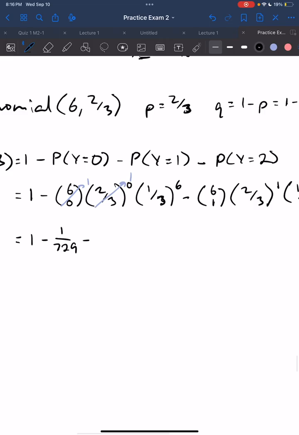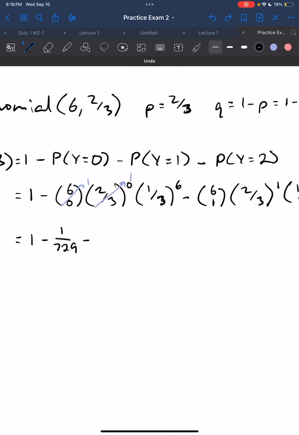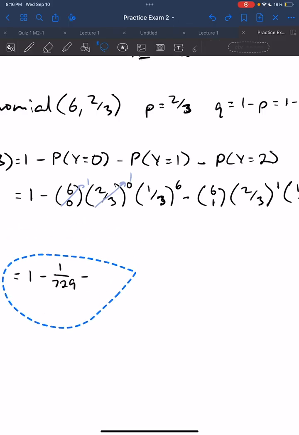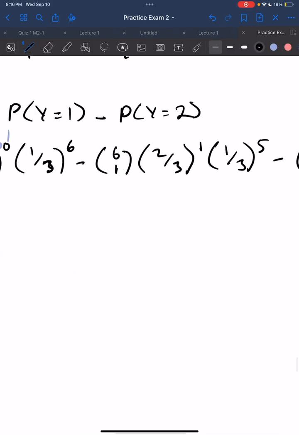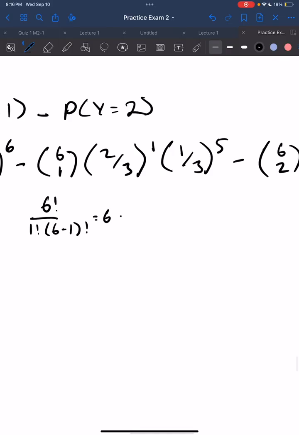So 6 choose 1 would be 6 factorial divided by 1 factorial times (6 minus 1) factorial. So that would just be equal to 6. And then times 2/3 times 1/3 to the power of 5.